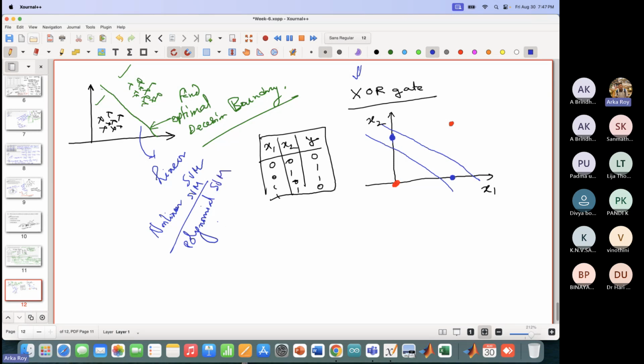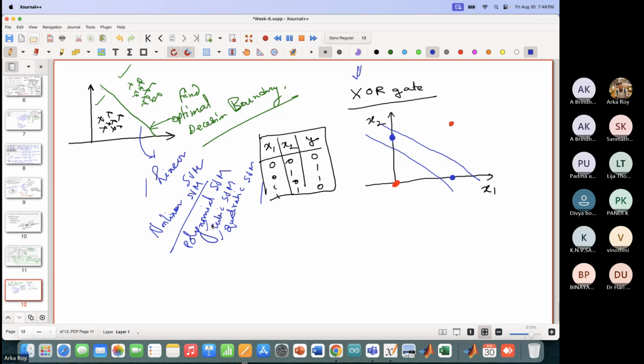There you have seen cubic SVM and quadratic SVM, if you recall from the lectures. So we'll use cubic SVM, quadratic SVM, as well as linear SVM to see the classification results.